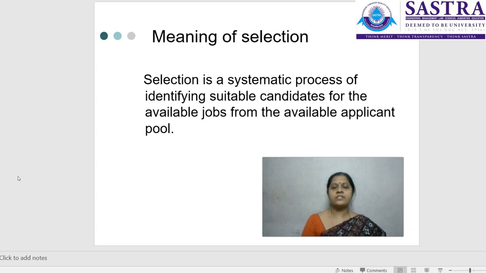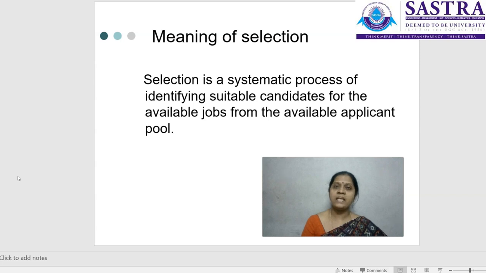The organizations must be able to distinguish the applicants who are most likely to perform from those who are not performing well and are less suitable for the organization.